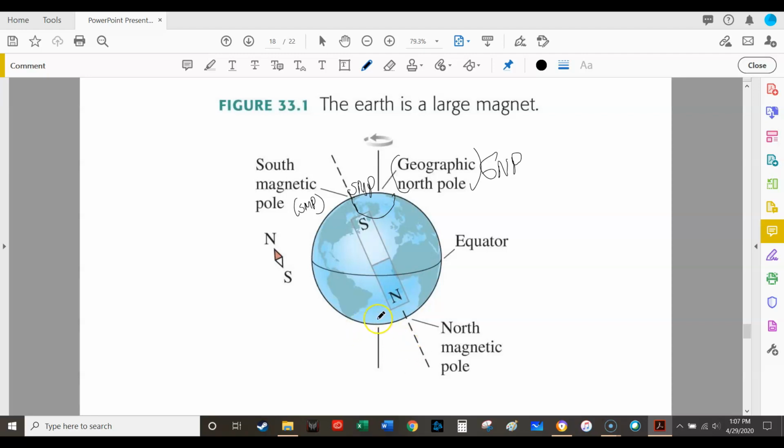And the bottom of the Earth, or the southern part of the equator, that is actually magnetic North Pole, but it is geographic South Pole. Kind of cool. So hopefully that kind of blew your mind a little bit.